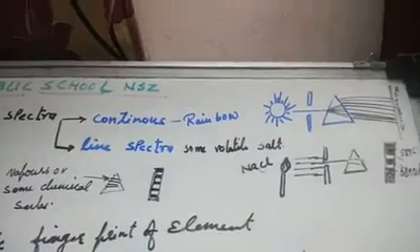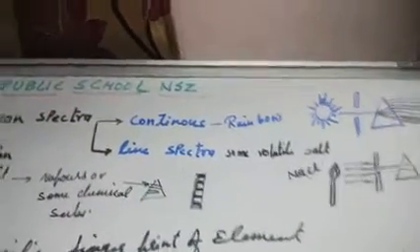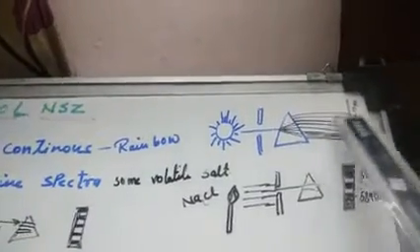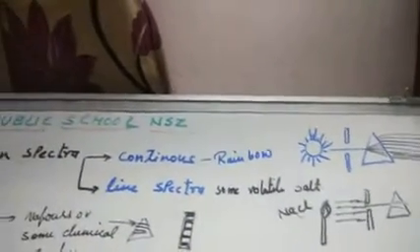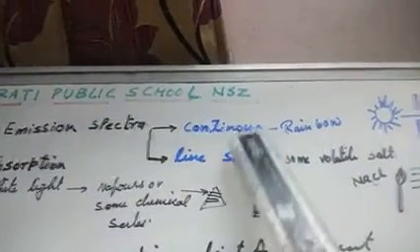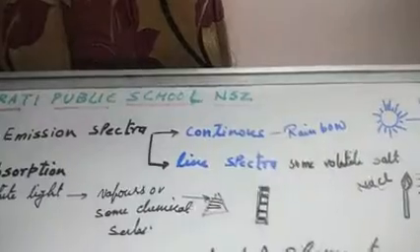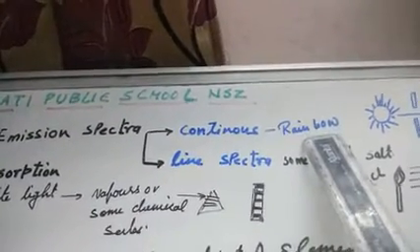All the colors are intermingled into each other, or we can say all the colors are continuously placed without any gap. So, this type of spectrum which we are getting is called continuous spectrum. All the colors are so continuous that you cannot have a gap in between.